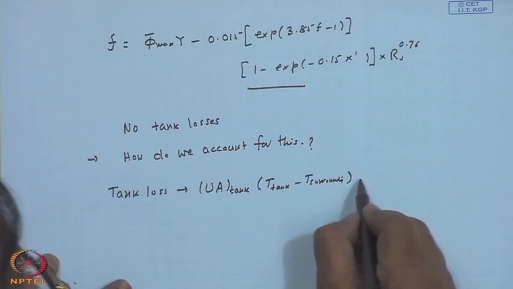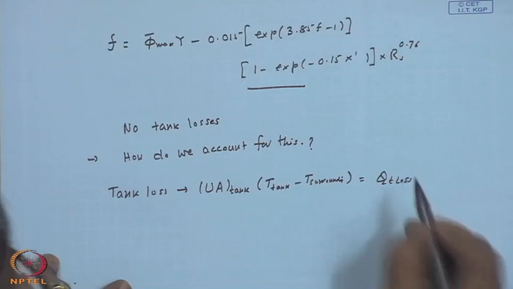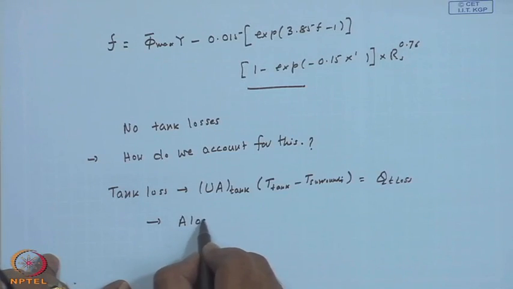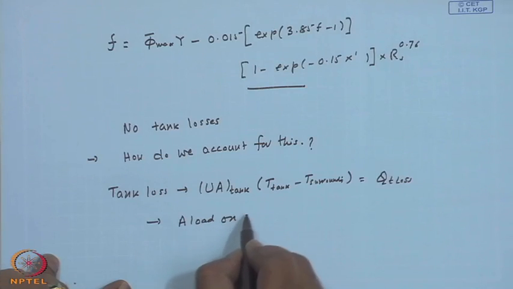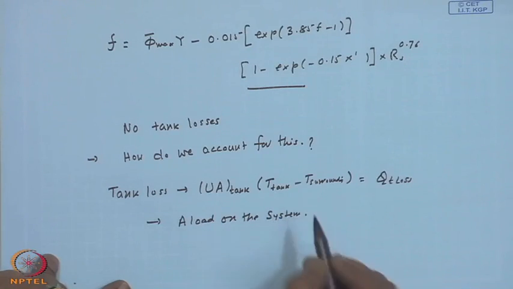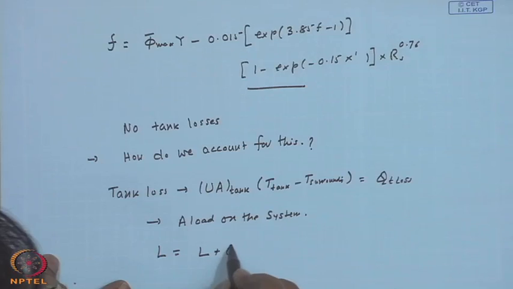As far as this, I may call it Q tank loss. This is a load on the system. So, I shall change L to L plus Q tank loss.